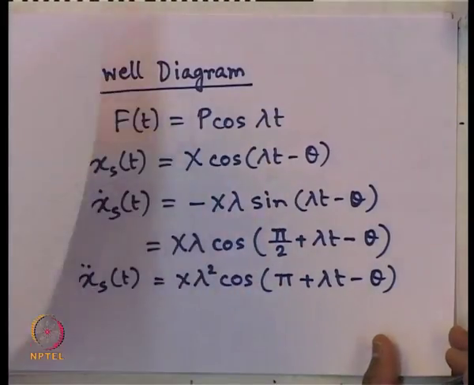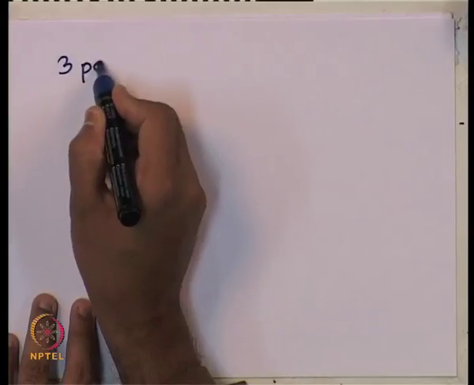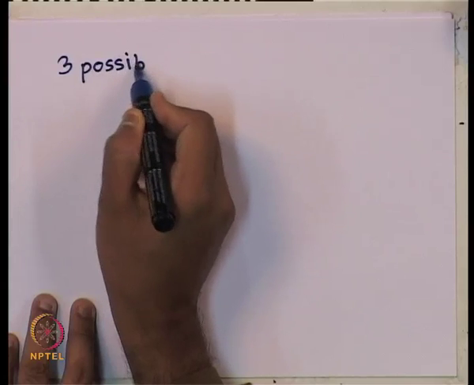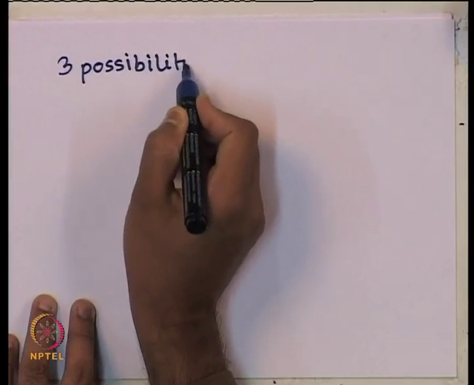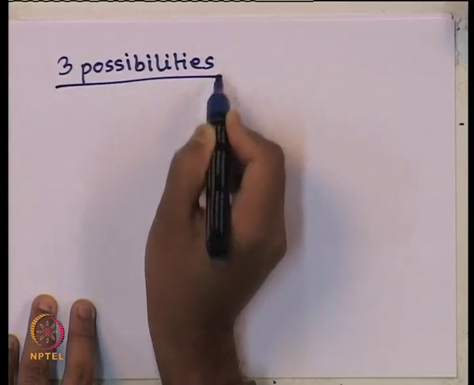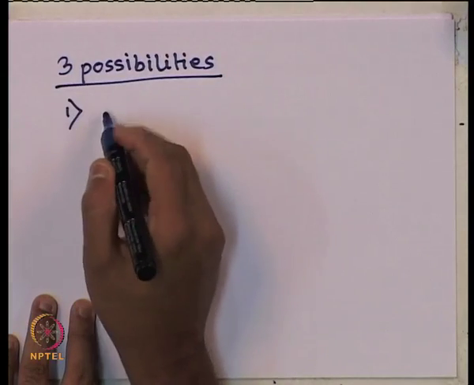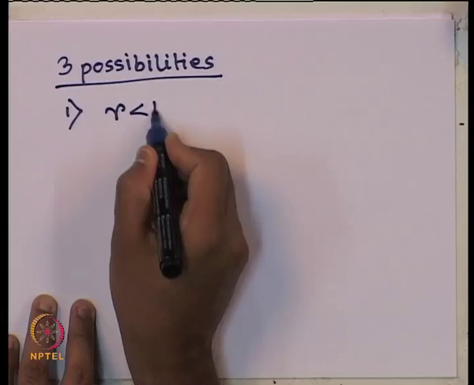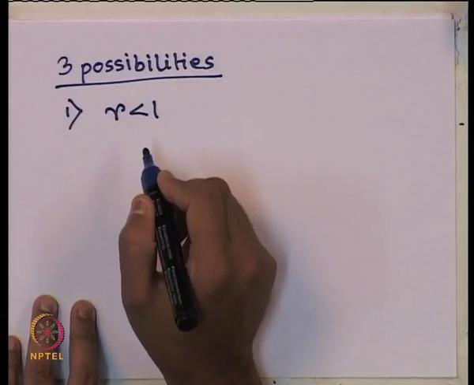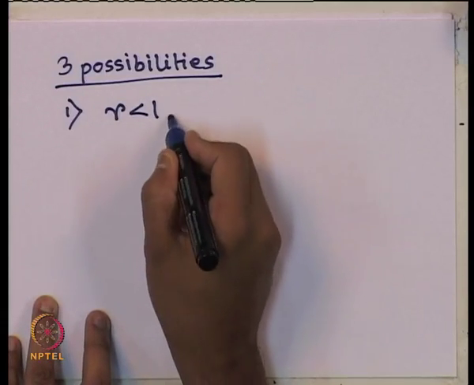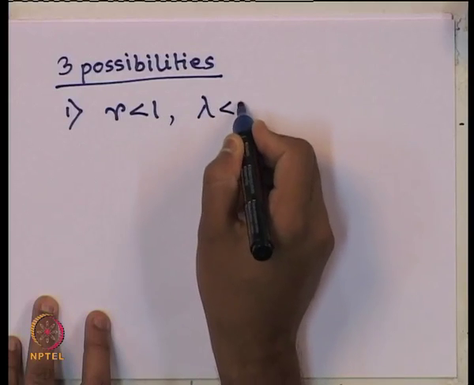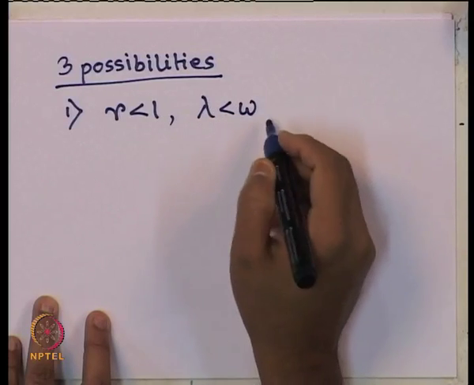So, now we can have three possibilities. The first one is when R less than 1, that is frequency ratio is less than 1, that means lambda is less than omega.